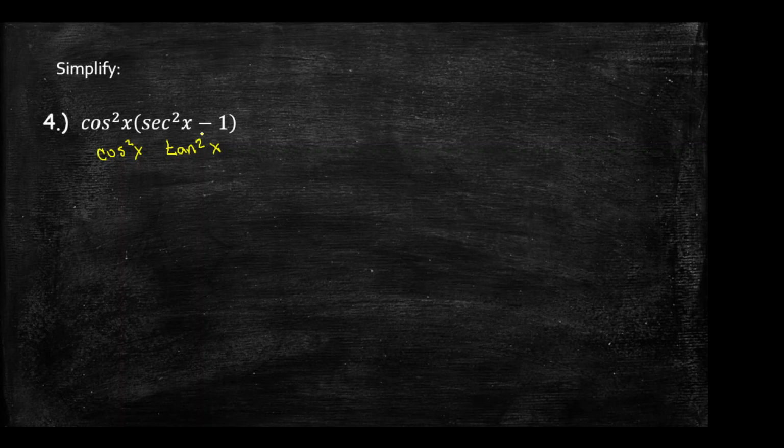So tangent being sine over cosine, then I have cosine squared x, and then times sine squared x over cosine squared x. In here I cancel my cosines out, and you're just left with sine squared x.